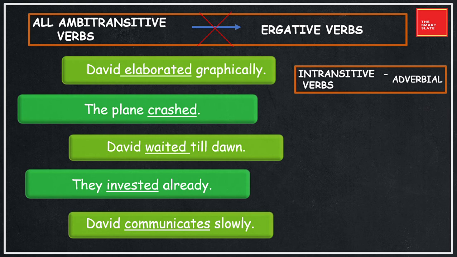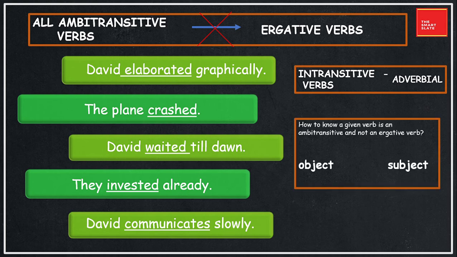But is it possible that such an ambitransitive verb is also an ergative verb? No. How to identify it? When you cannot change the object into the subject, that means the ambitransitive verb is not an ergative verb. So all ergative verbs are ambitransitive verbs, but not all ambitransitive verbs are ergative verbs.